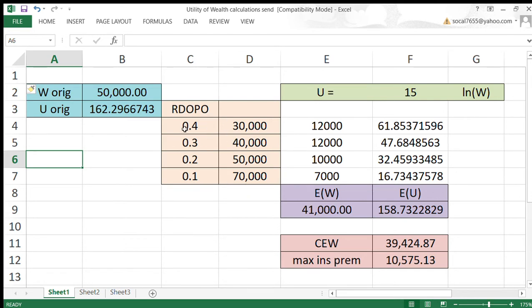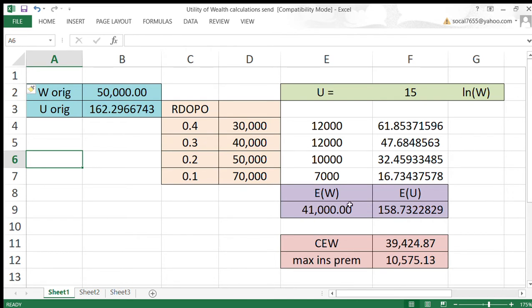We're just going to take 0.4 times 30,000 and add to that 0.3 times 40,000 and add to that 0.2 times 50,000 and so on. That's what we have in these columns here. And lo and behold, when we sum these, we get 41,000. So the expected value of wealth given the RDOPO is 41,000. Now, it's impossible for us to end up with 41,000 given our assumptions, but that's okay. That's what the expected value of wealth is.